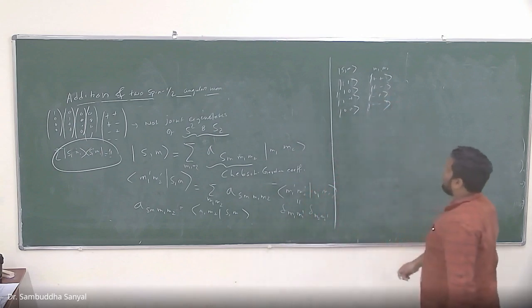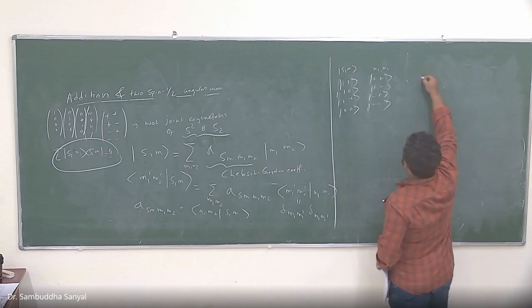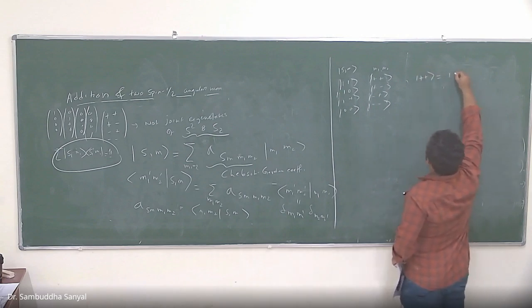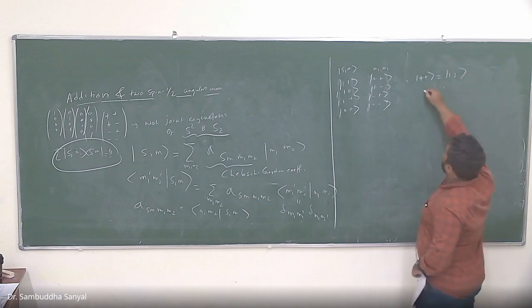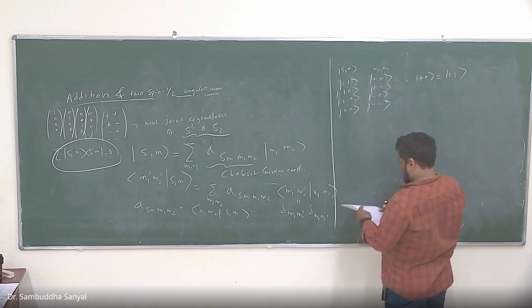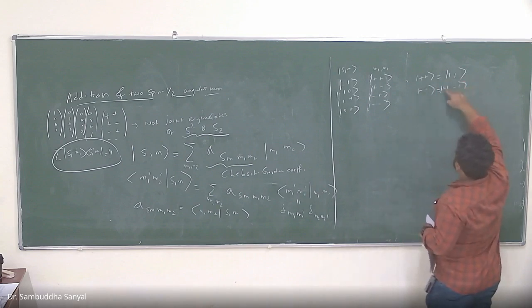Okay. Now some of them we already found because we saw that this plus plus is same as 1, 1, and minus minus, no, not minus minus, which two are same? Yeah, minus minus is same as 1 minus 1, right?